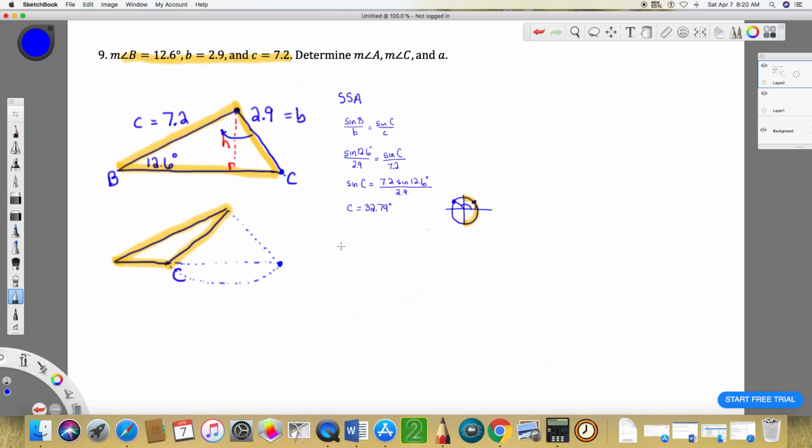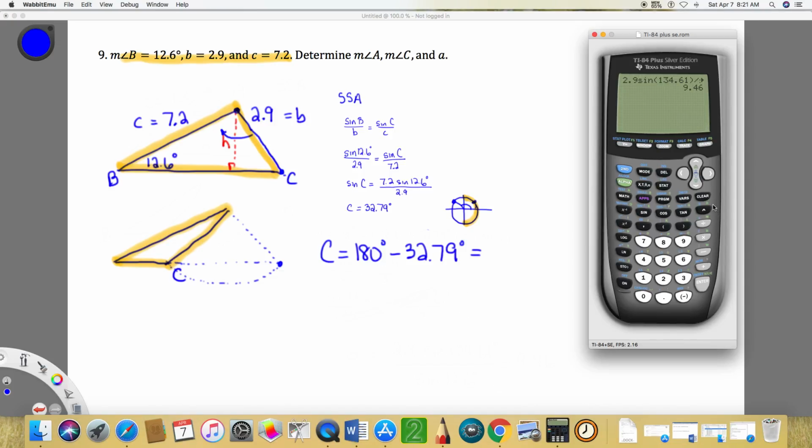So we knew that it was possible for this angle C to be 180 degrees minus, we'll treat this like a reference angle, 32.79. 147.21.